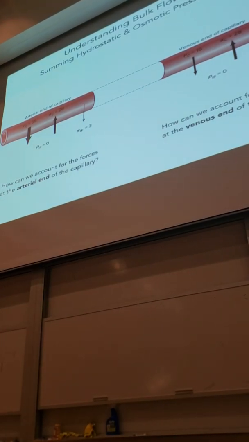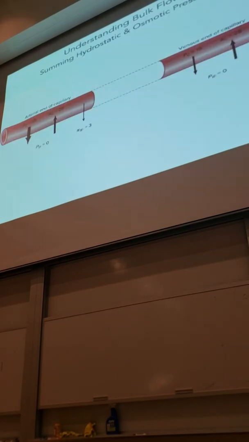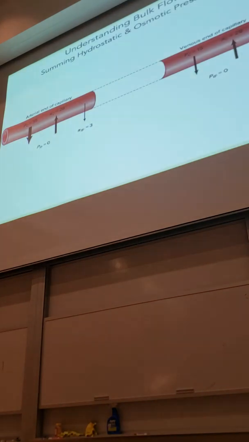Okay. And if we do the same thing on the other side, we get a value that's about the same. However, it's a negative value. So we could say that we have a plus 10 force, and this force is a combination of hydrostatic and osmotic, on the arterial end.